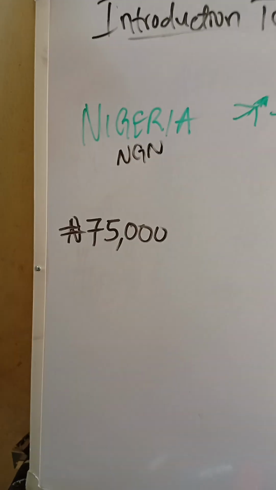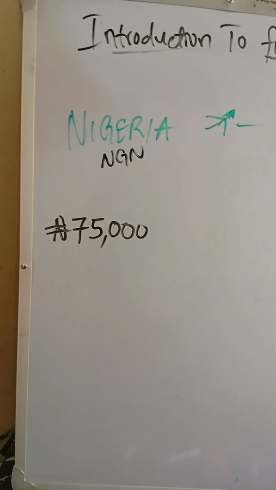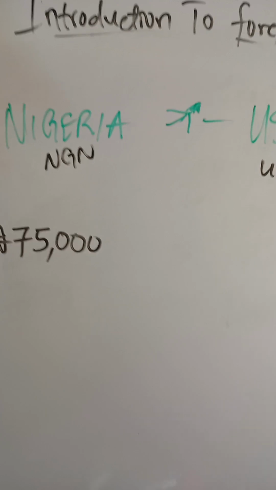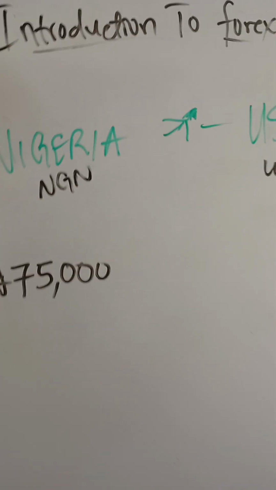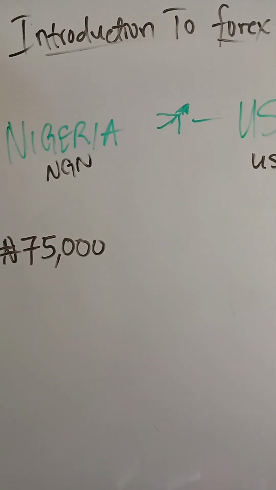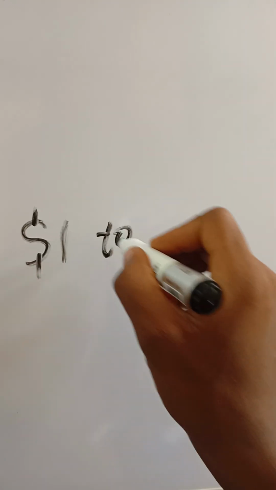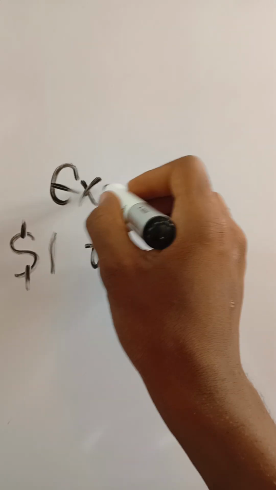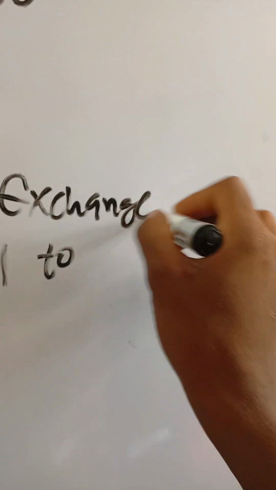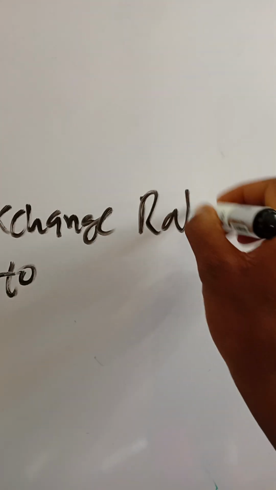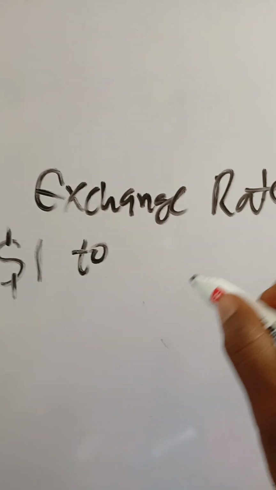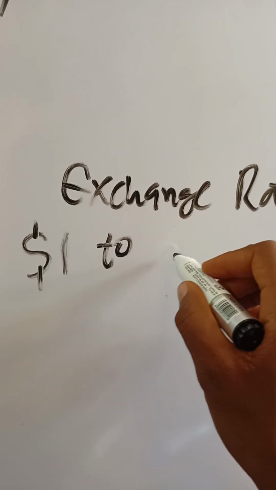Now, when you travel to the United States, currently, guys, the exchange rate of $1 to naira is 1,500. That's the exchange rate of $1. Let me type this here: the current exchange rate of $1 to Nigerian naira.